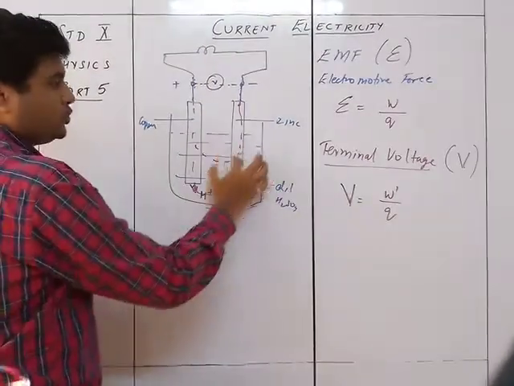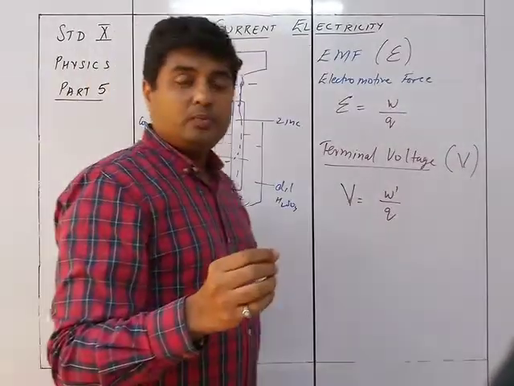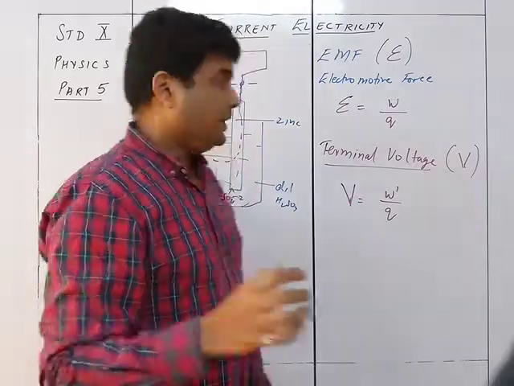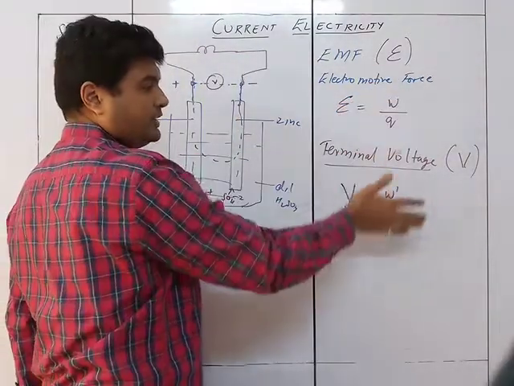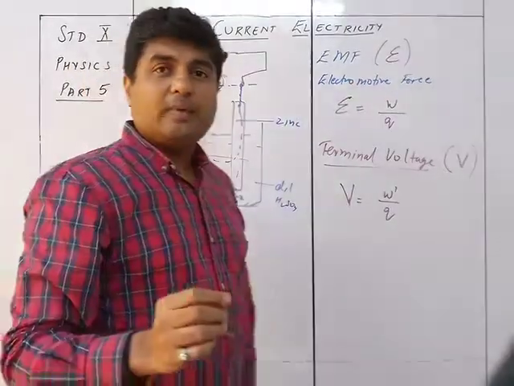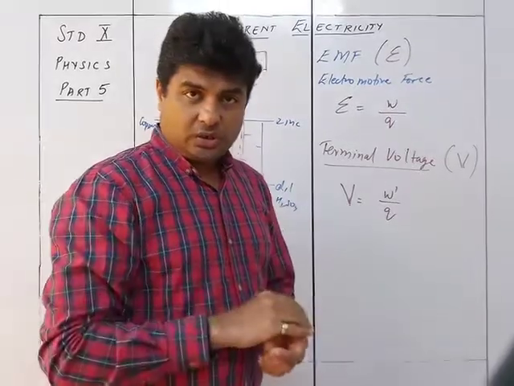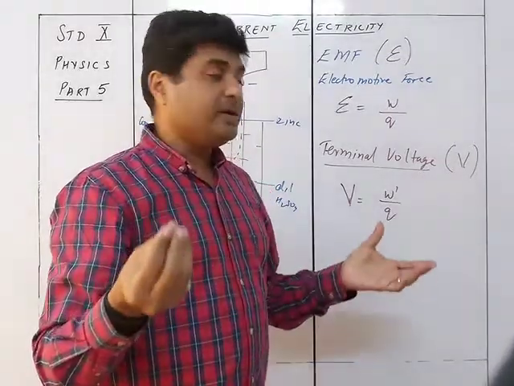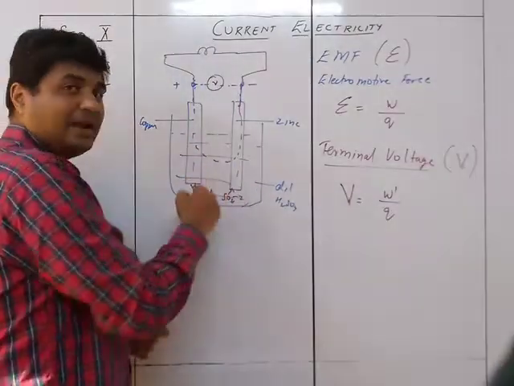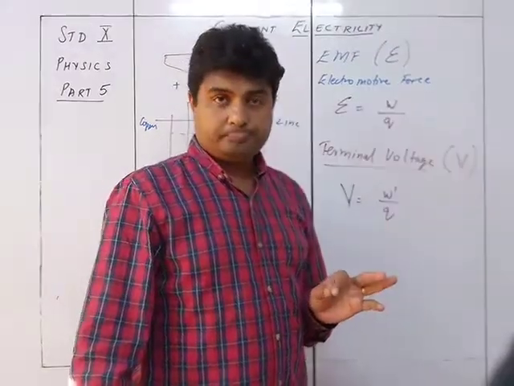So automatically this work done from inside this thing is the work done which is going to be the drop in the voltage. See, work done over here is more, work done over here is less. So when work done over here is more, उसका मतलब है there is some amount of energy which is going to be lost. Okay, that will be some amount of a thing which will be lost over here for it to travel within the electrodes, and that is called as the voltage drop.